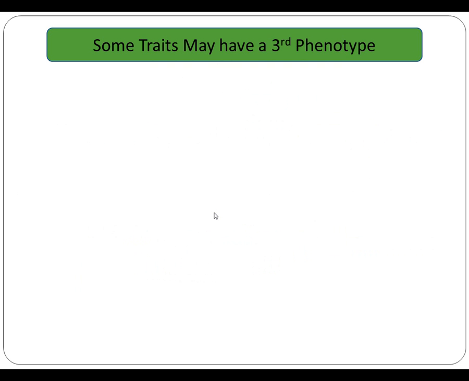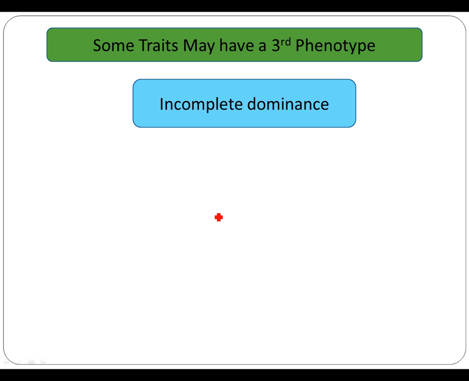Some traits may actually have a third phenotype instead of just A or B. In those types of phenotypes, you may have the expression that's called incomplete dominance. So there's not full dominance of a trait.